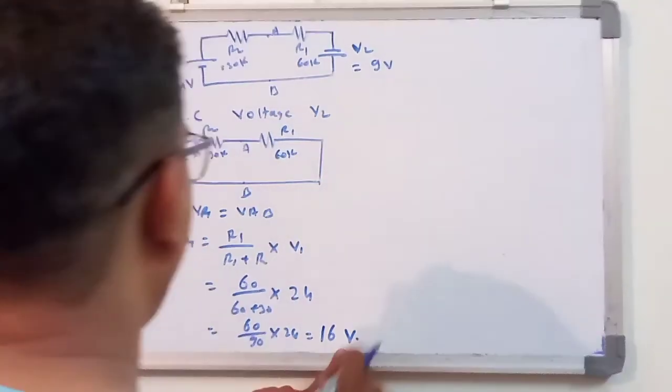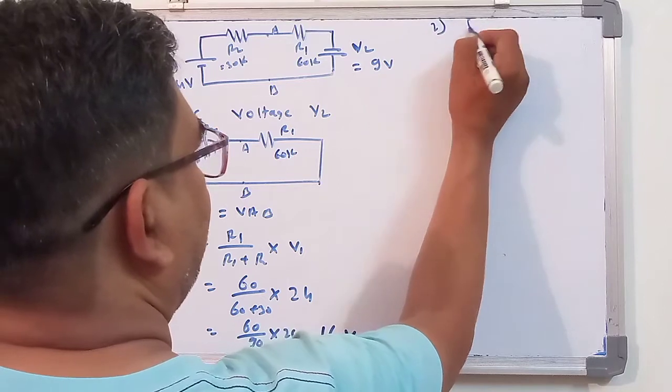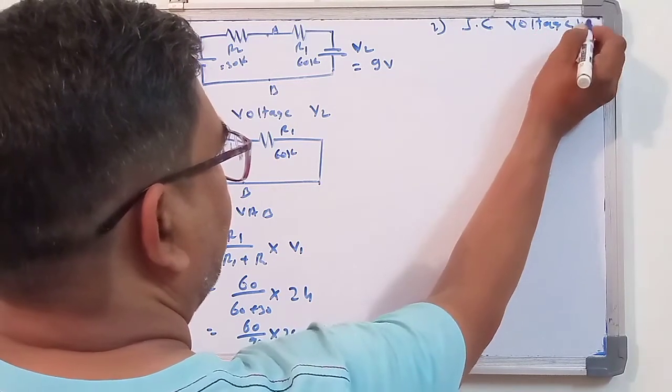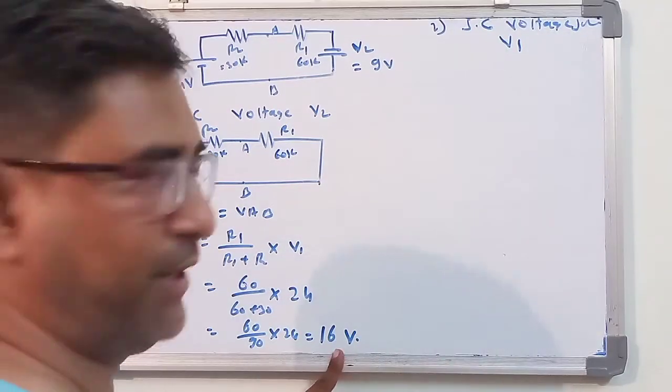Okay, then consider the second one, short circuit the voltage source V1 and redraw the circuit.